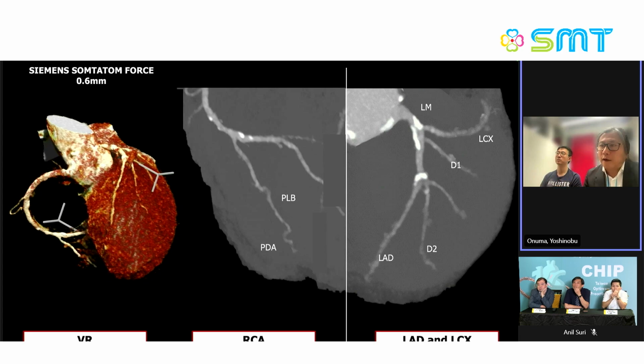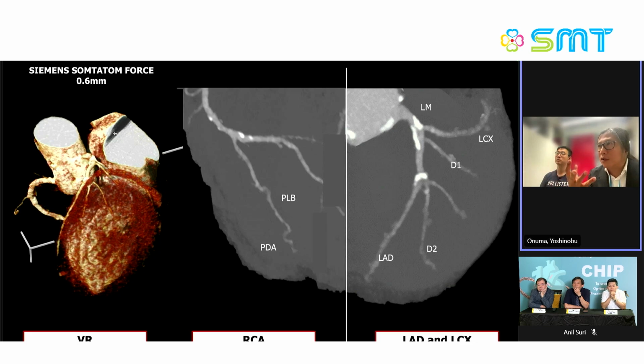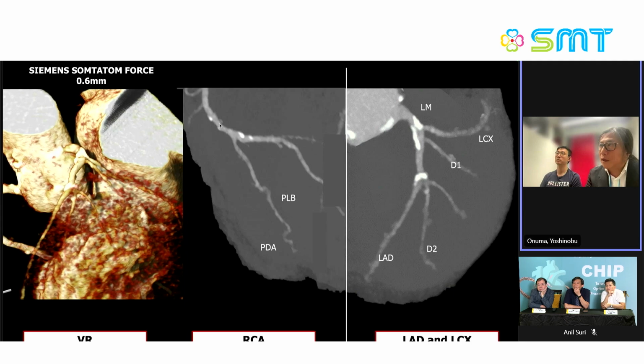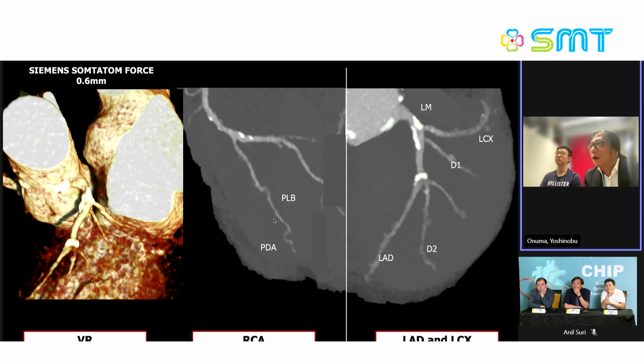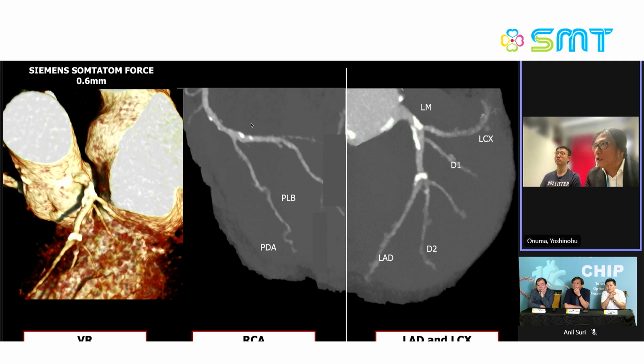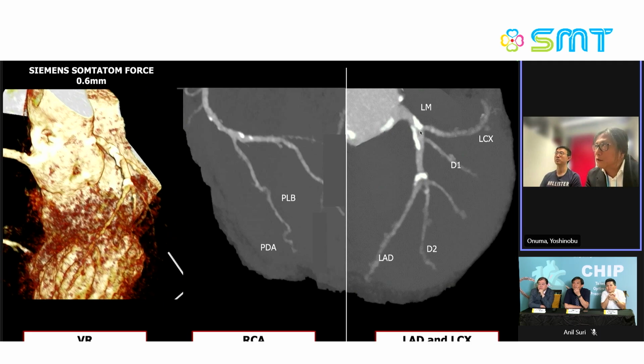So this is the VR image, volume rendering image. You can see the anatomy. It is right dominant anatomy. You can see the lumen using the MPR, multiplanar reconstruction, of the right coronary artery, some plaque, and there was some significant calcium in the distal left main.